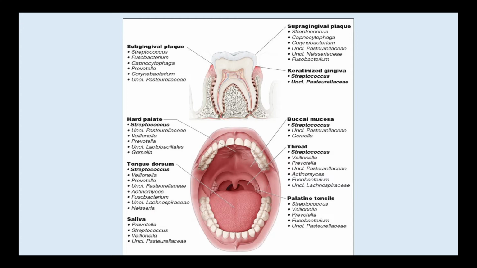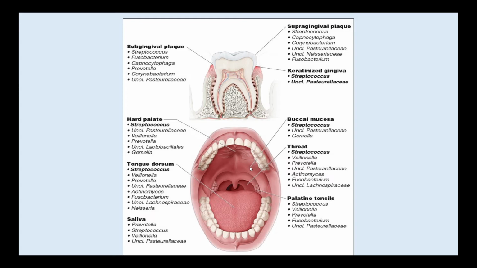If we talk about the hard palate, most are Streptococcus, bacteria from the family Pasteurellaceae, Veillonella, Prevotella, Lactobacillus, and Gemella present on the hard palate.